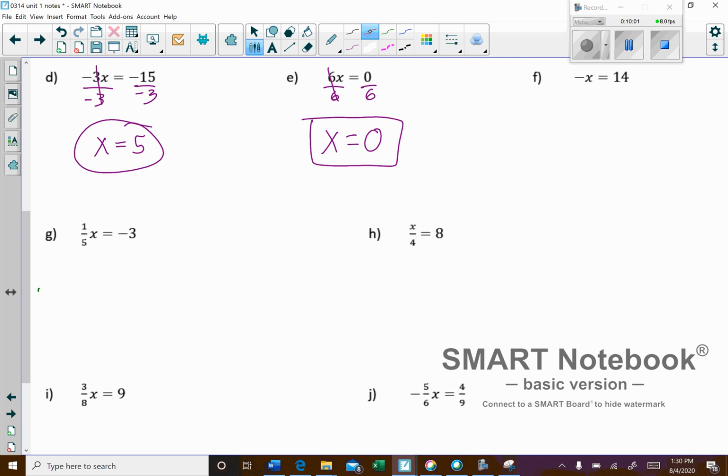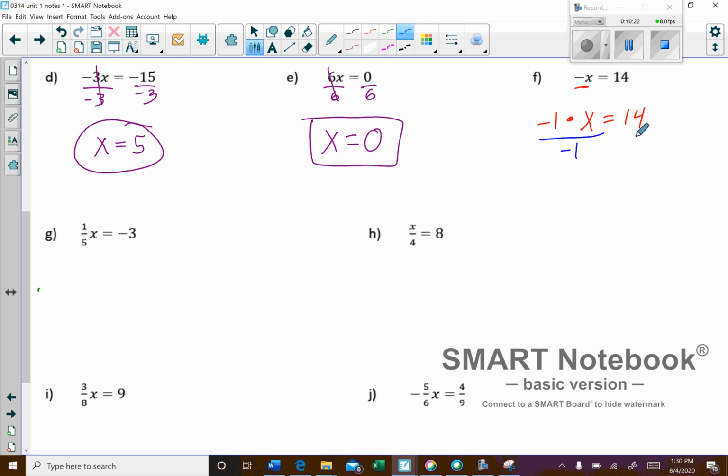Okay, let's look at F. Right here, if you have a negative in front of a variable like that without a number, it's understood as a -1. So you really have -1 times x equals 14. There are actually two ways to solve this. Since we've been dividing with most of these, we can go ahead and divide.